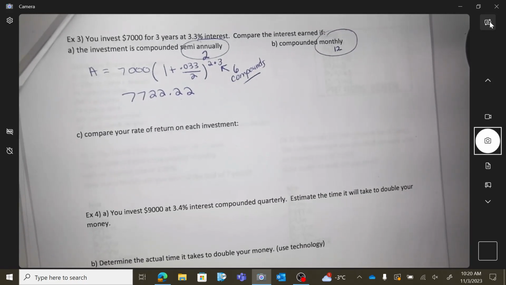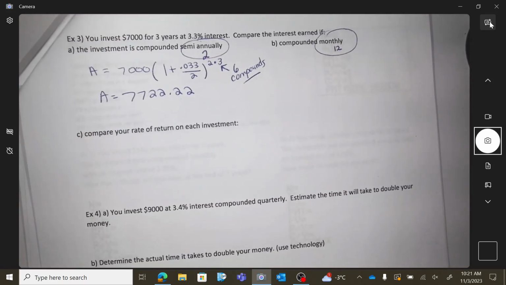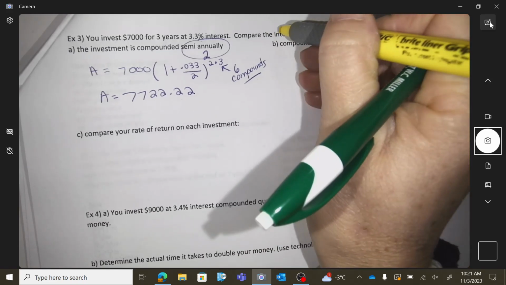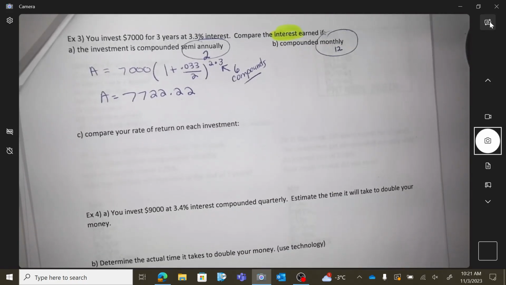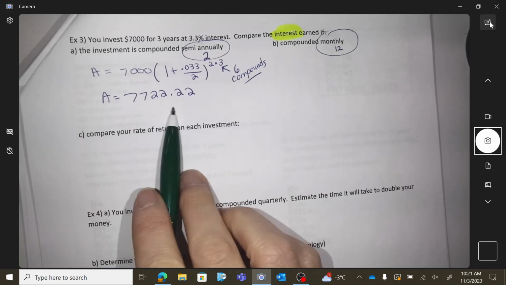And tell me if we're getting the same. Okay, this is not the answer though. Look at what I wanted. How much interest did you make? That's not your interest. This is your, what does it represent again?